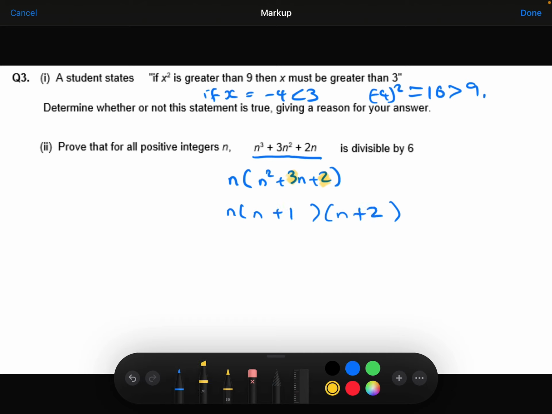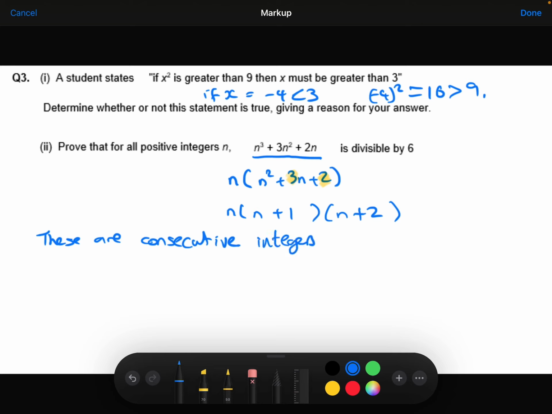And then I notice that there's something special about these three factors. They are consecutive integers. n plus 1 is after n, and n plus 2 is after n plus 1. So these are consecutive integers.